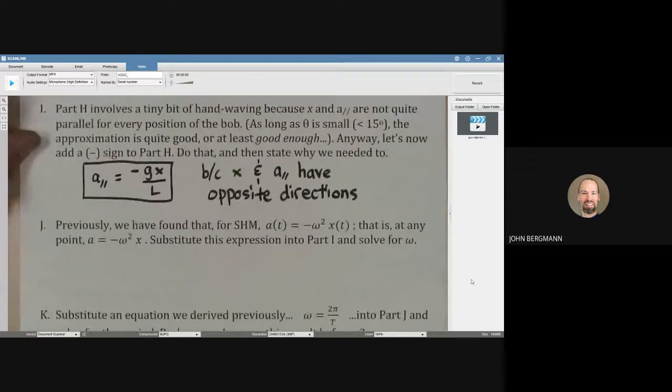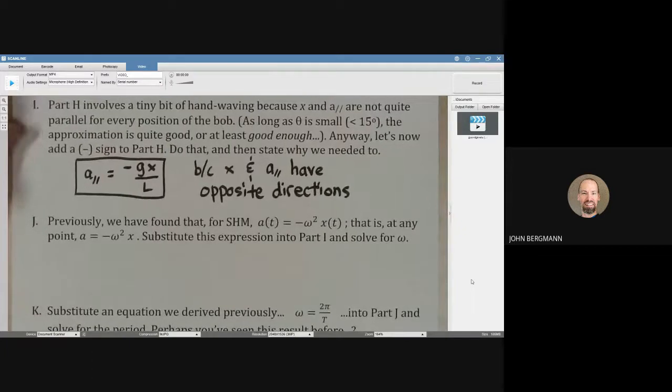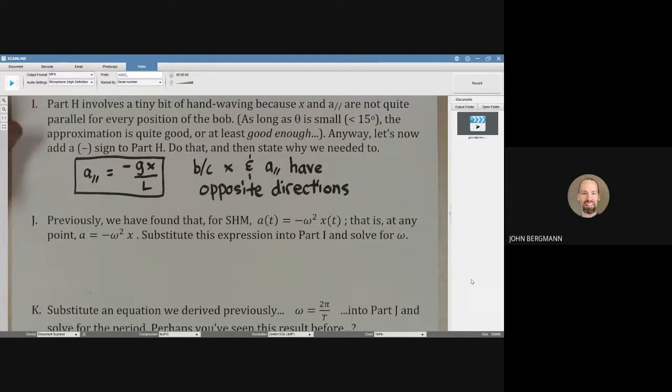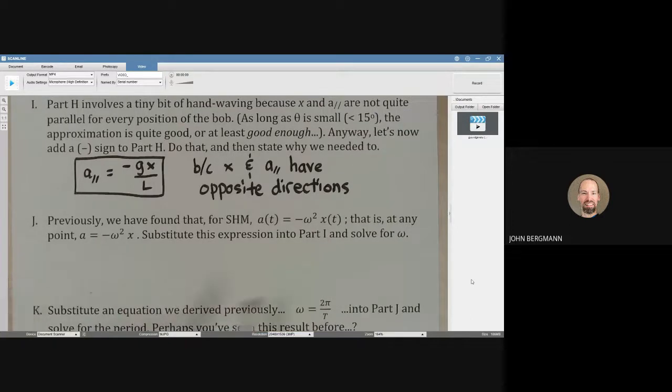Now, letter J. Previously, we found that for simple harmonic motion, the acceleration is equal to the opposite of omega squared times the position. When we were doing our simple harmonic motion equations, that is what we found. Let's put this into part I and see what that gives us.